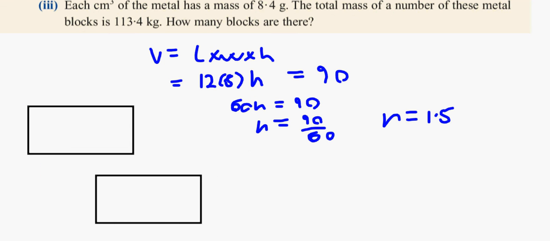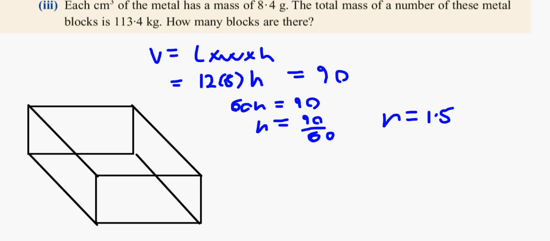So, let's start off with the front and the back. What's the size of the front and the back? 5 times 1.5, but there's two of them, isn't there? So it's two 7.5s. Okay.